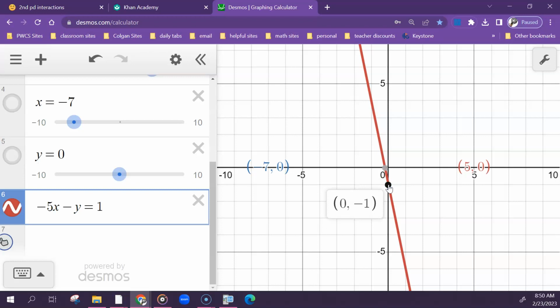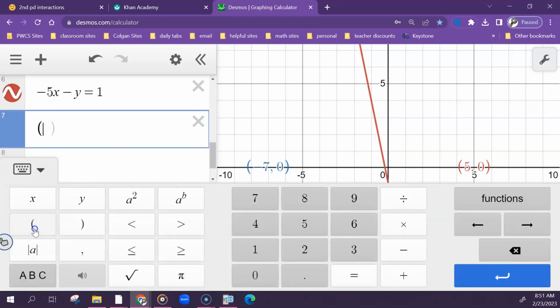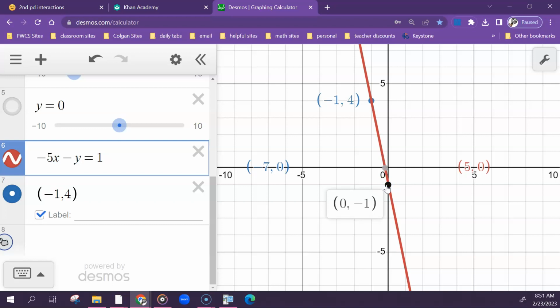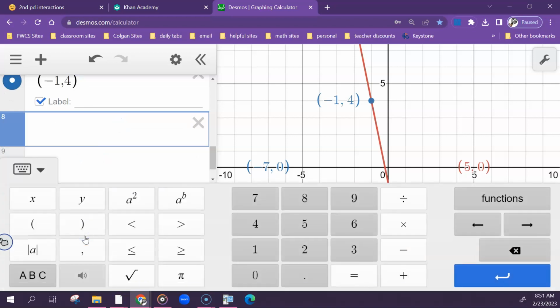So I see another point here at negative 1, 4. I'm going to plot that point just so I can see it clearly. I can count my slope between these points. So that would be up 1, 2, 3, 4, 5, to the left 1. So my slope is negative 5. My y-intercept is at negative 1.